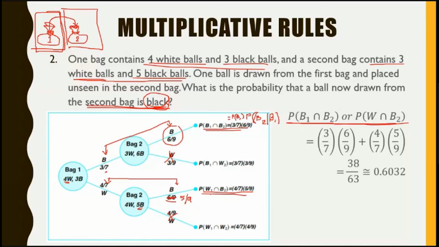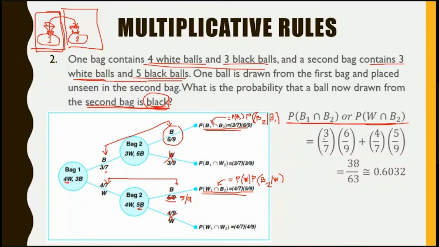Here we can rewrite this as the probability of getting white in the first bag times the probability of getting black in the second bag, provided that we got white from the first bag. So that's this one, no? This is also this one. Then we'll just add these two.